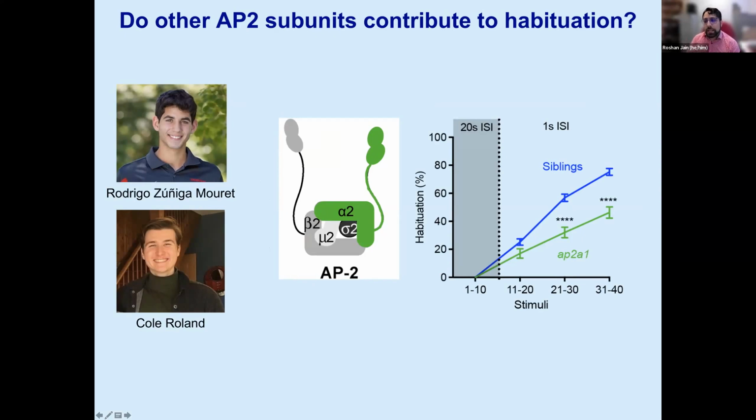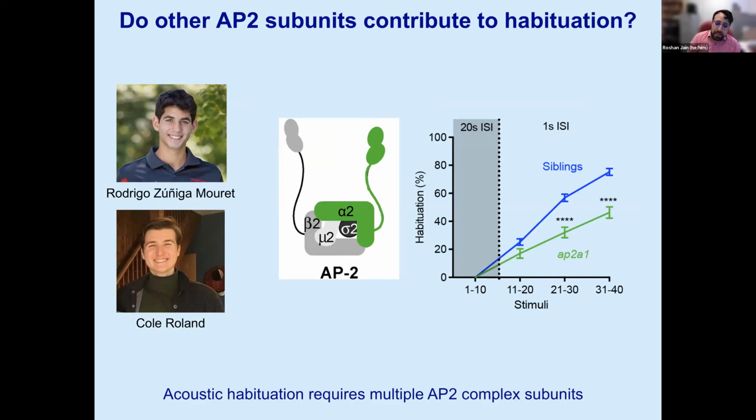I'm not going to show this here, but we also looked at their behavioral bias as well as their kinematics, and they show very similar behavioral phenotypes to the sigma subunit. This suggests that habituation as well as bias and movement performance requires multiple subunits of this complex, and so it's likely reflecting a role of the entire complex. Unfortunately, we don't yet know what the specific target is and which of these subunits might be playing the most salient role.